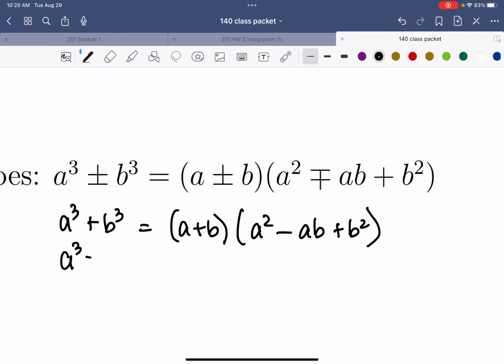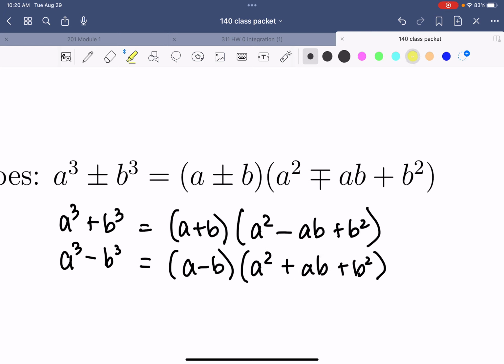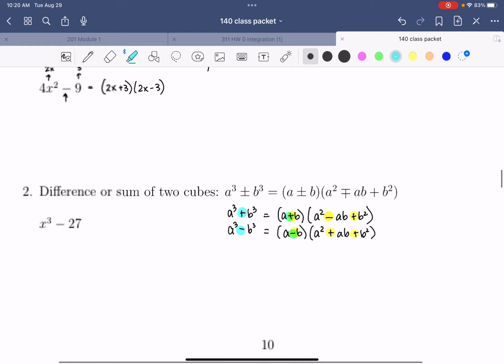And if it's minus, then it's a minus b and a squared plus ab plus b squared. If you notice, this last sign is always a plus, but these two are always opposite, and the first one matches what you started with. Okay, so that's how you can kind of remember.